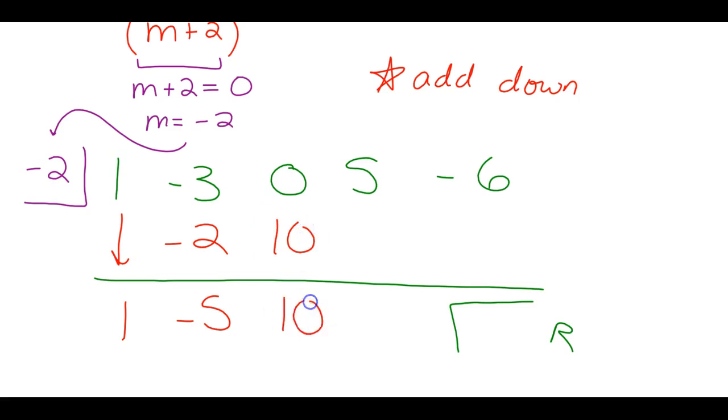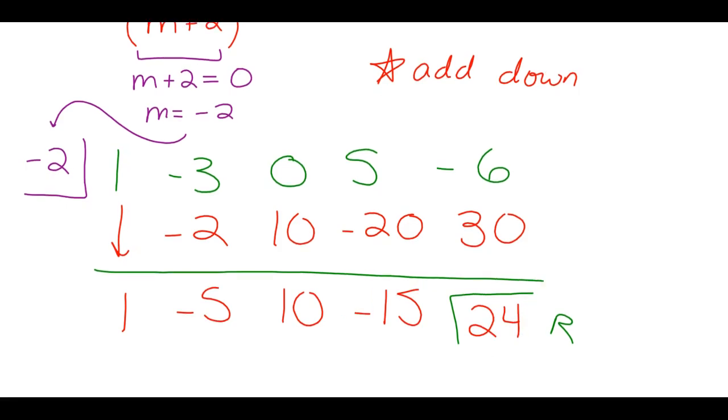Add down. Multiply. So negative 2 times 10. Add down. 5 minus 20. And then multiply. The negative times a negative is a positive. Negative 6 plus 30 would be 24.